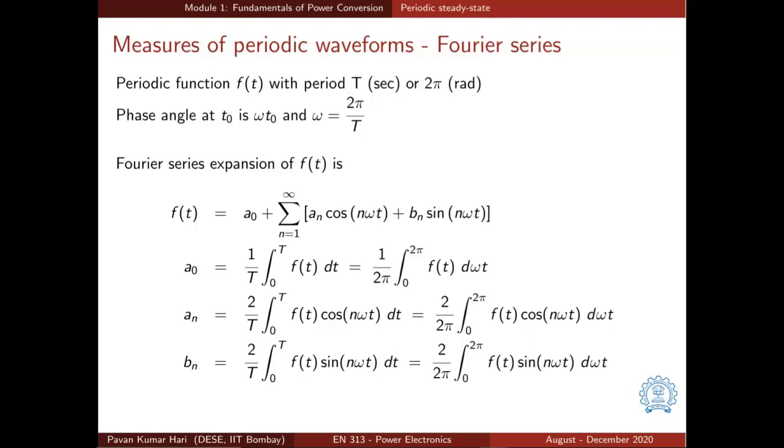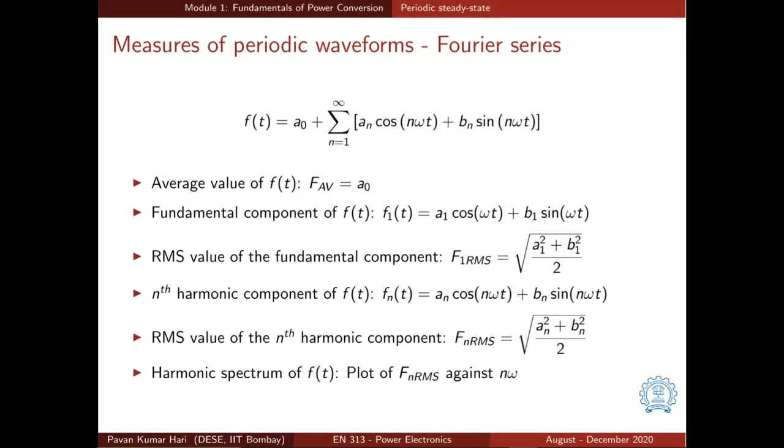It can be noted that the first term in the right hand side of this equation, the Fourier series, is the average value of f of t. That means a naught is equal to f average.